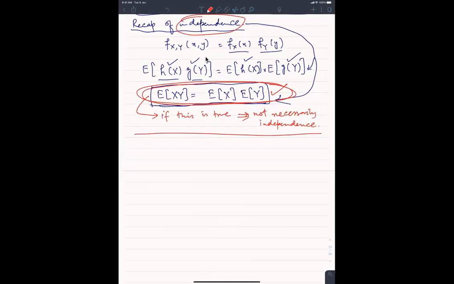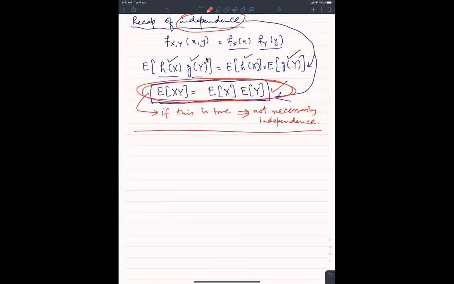Now, if x and y are dependent, what does that mean? Then knowing one tells you something about the other.